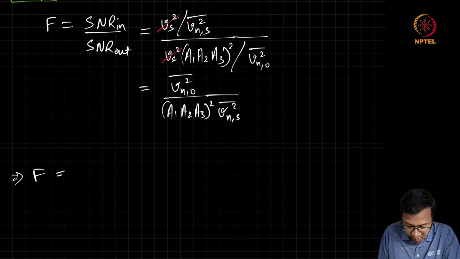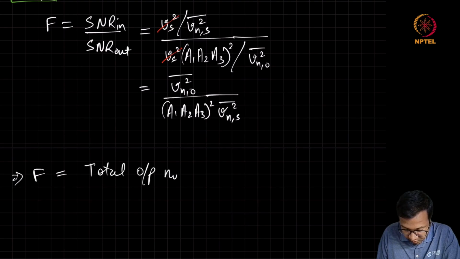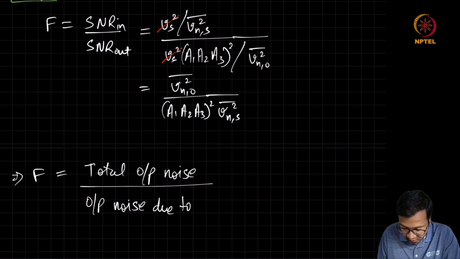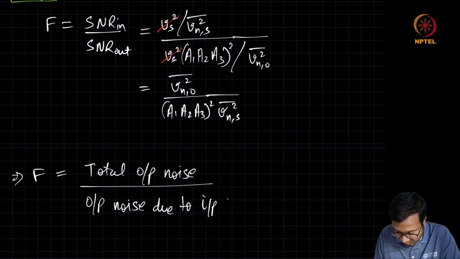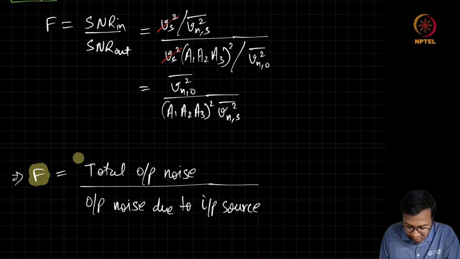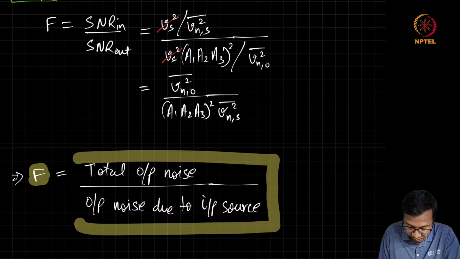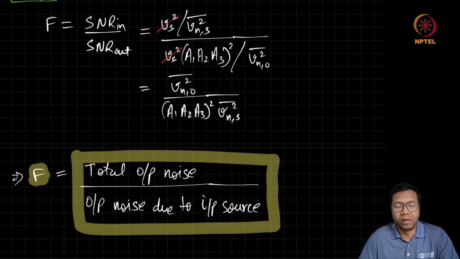You can write the noise factor as total output noise divided by output noise due to input source. This relationship is going to be very useful whenever we are trying to find the noise factor or noise figure of a system which has multiple stages involved.